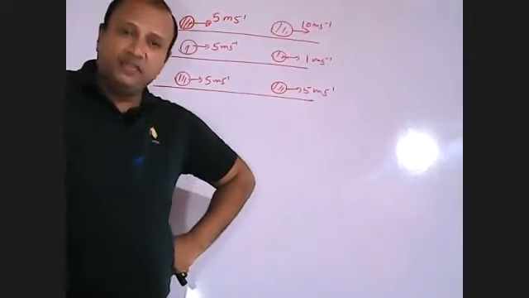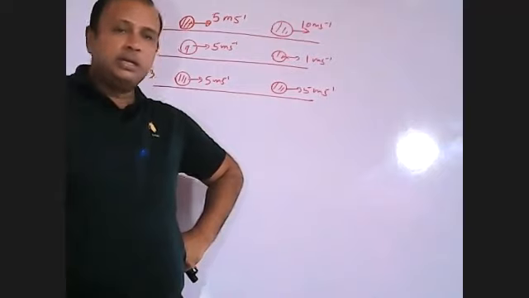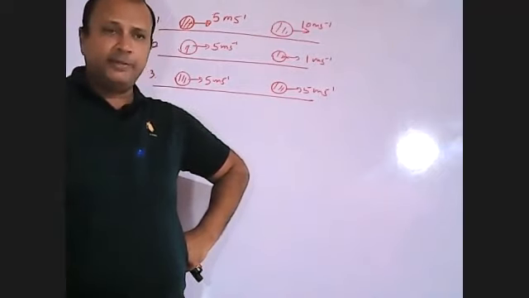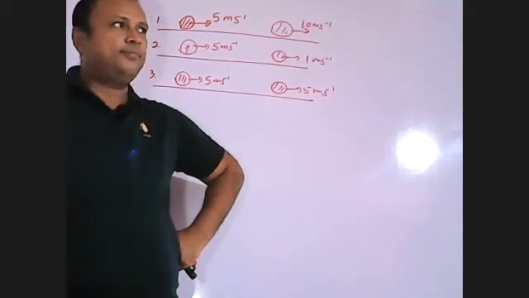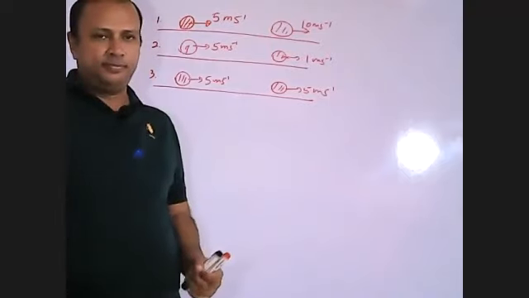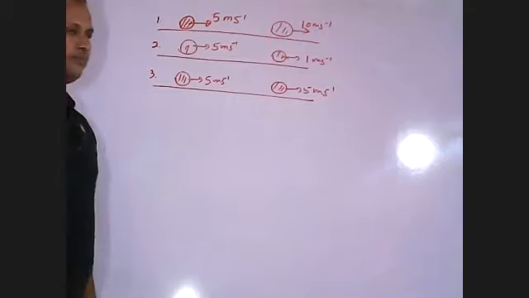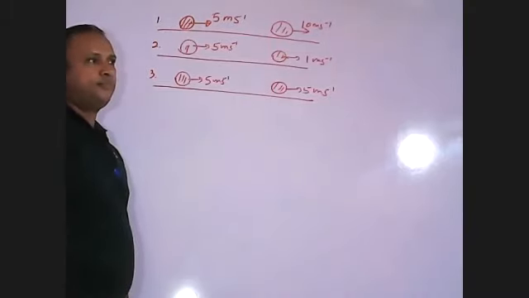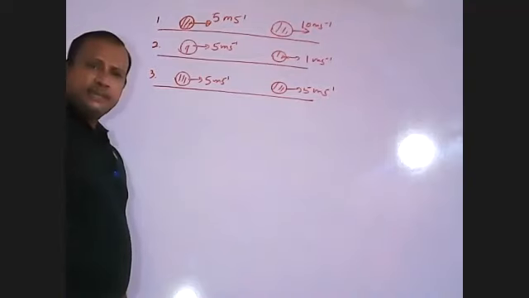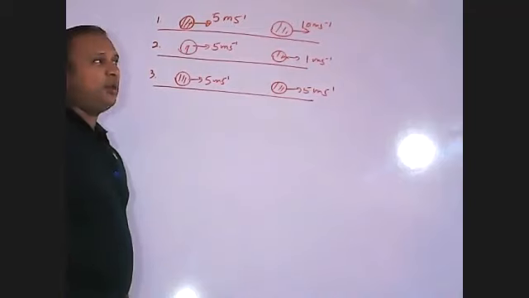If the velocity does not change with time, we can say the object is moving at a constant velocity.